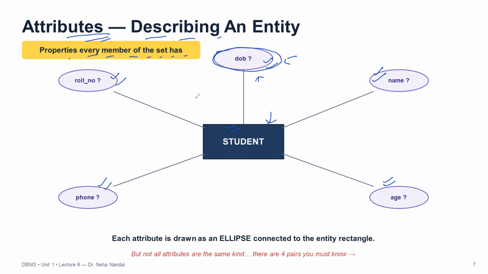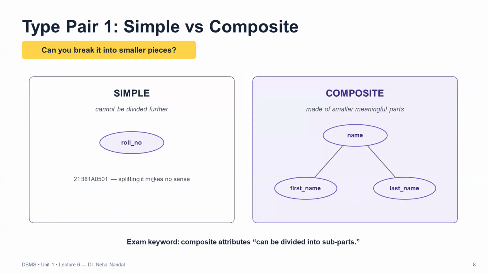Now, let's see what we have seen till now. We have entity and we have attributes. These two things we are clear about. Further, we are going to see there are different types of attributes that we have to remember. So that we are going to discuss now.